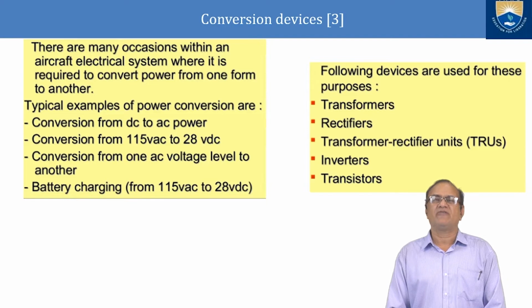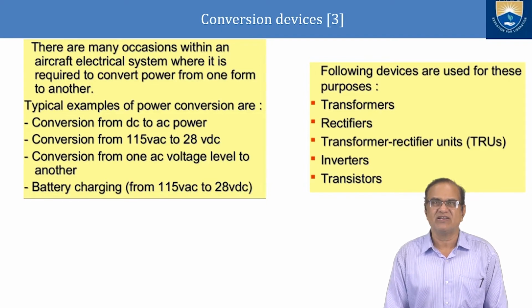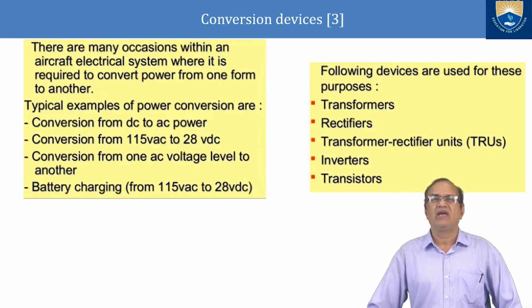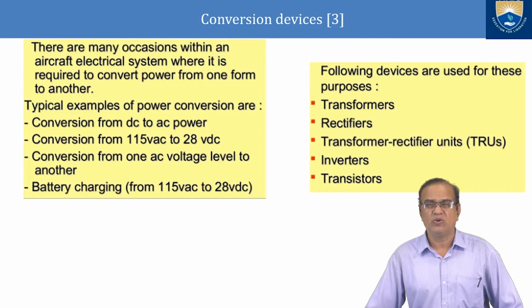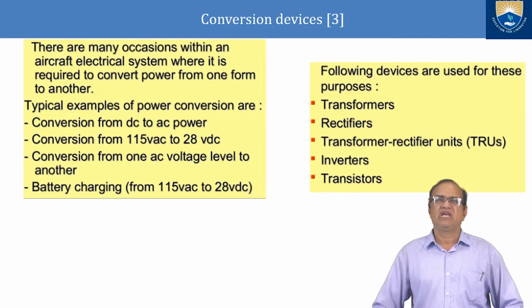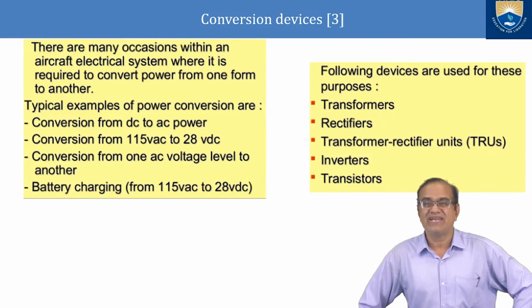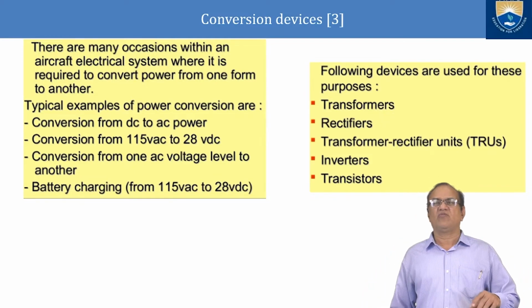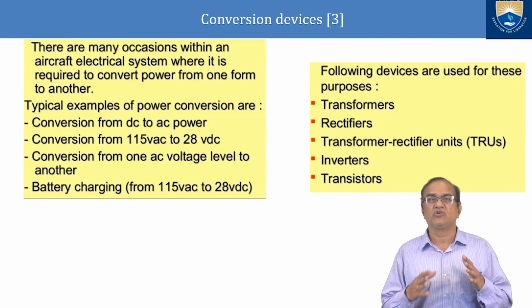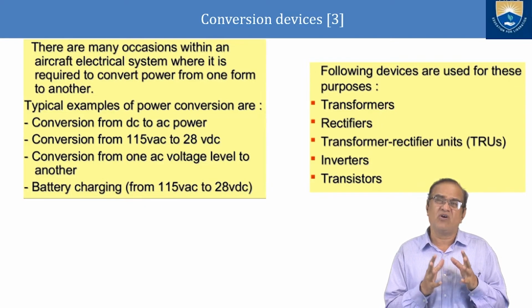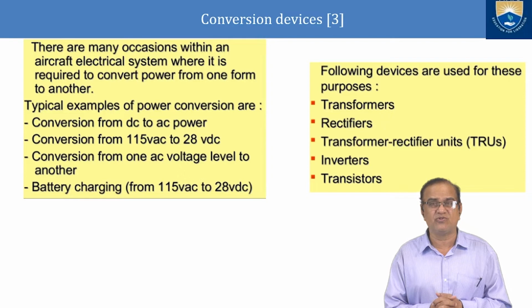Typical examples of power conversion are conversion from DC to AC power, conversion from 115 volt AC to 28 volt DC, conversion from one AC voltage level to another, and battery charging from 115 volt AC to 28 volt DC. So these are the four types of conversion which we do normally.